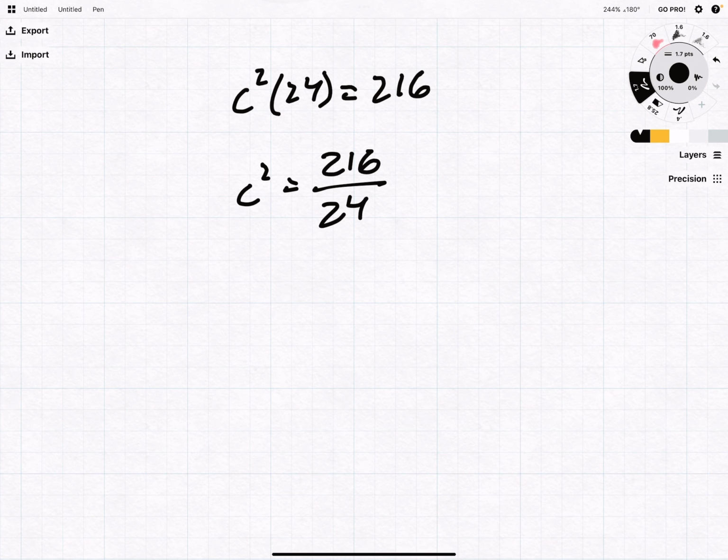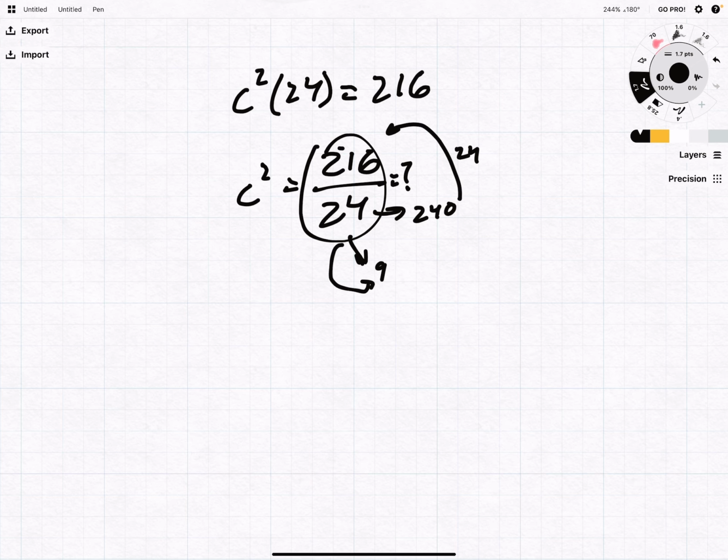But one of the ways that I sometimes think about this is, what does that equal, right? 216 divided by 24. Well, if we were to multiply 24 by 10, we would get 240. And 240 is only 24 away from 216. So we would just have to multiply 24 by 9 in order to get that. So 216 divided by 24 just equals 9. So c squared equals 9.